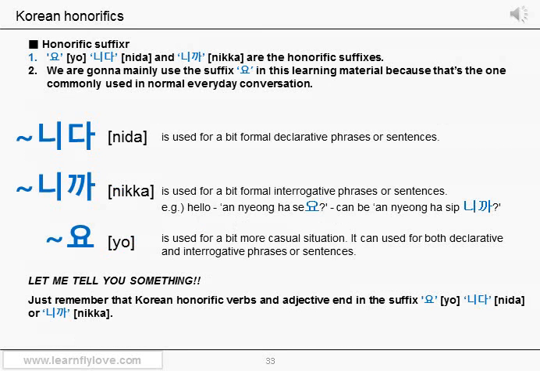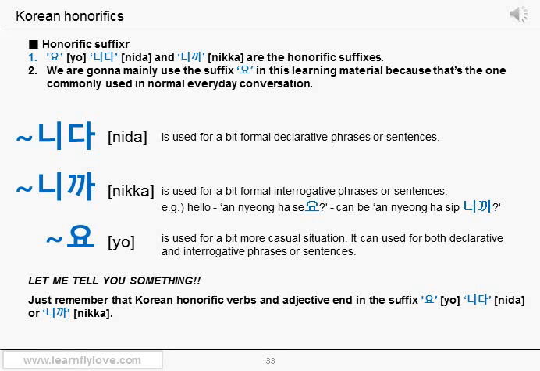Korean honorific verbs and adjectives end in the suffix yo, 니다, or 니까. They are added to the end of verbs and adjectives and turn them into honorifics. We're gonna mainly use the honorific suffix yo in our learning materials, at least at level 1, because that's the one which is commonly used in a normal everyday conversation.